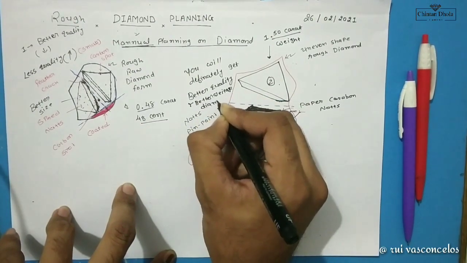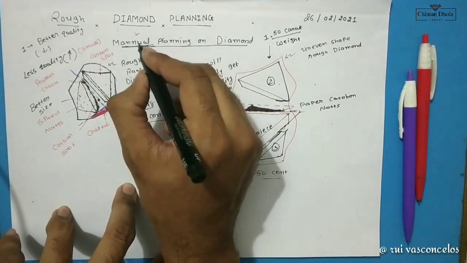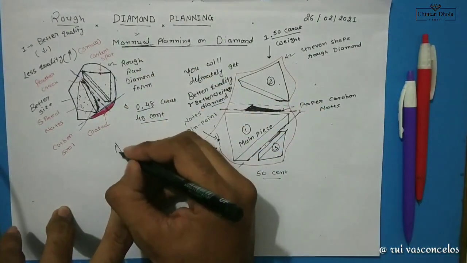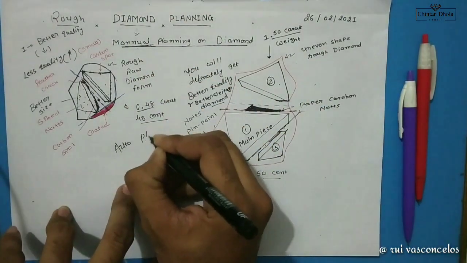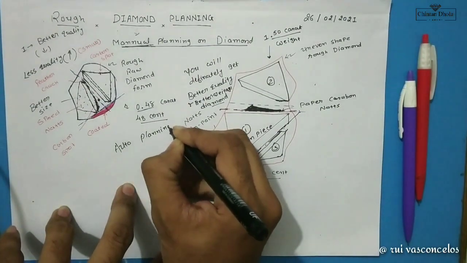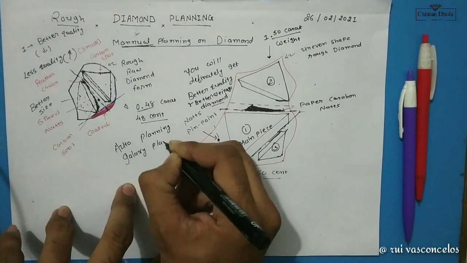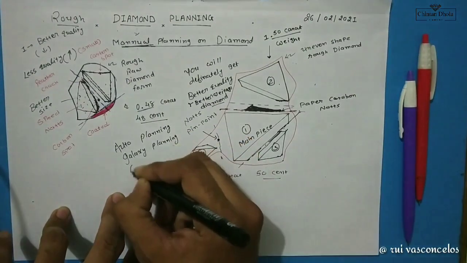Okay, so that is the difference between manual planning and what we can say is auto planning, then we can say Galaxy planning, machine planning.